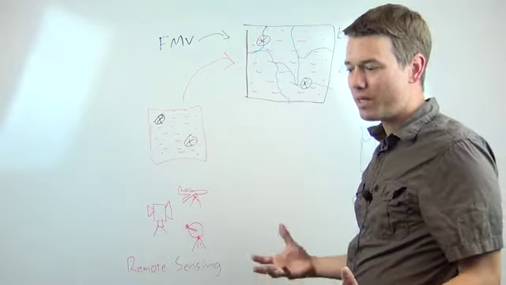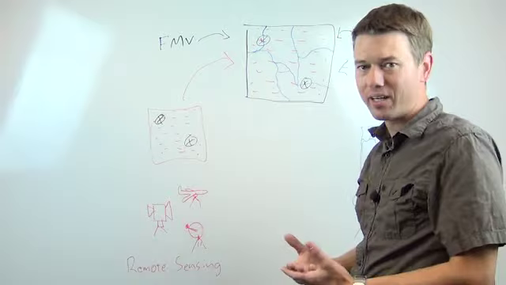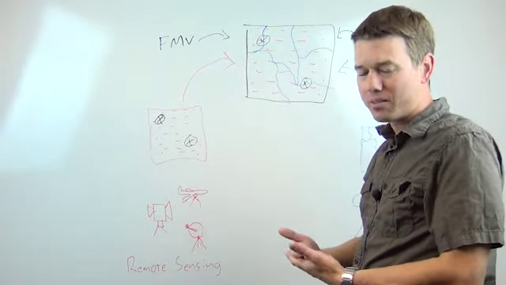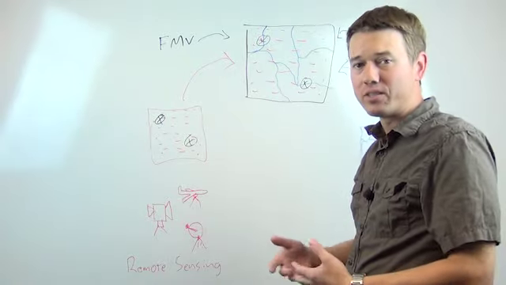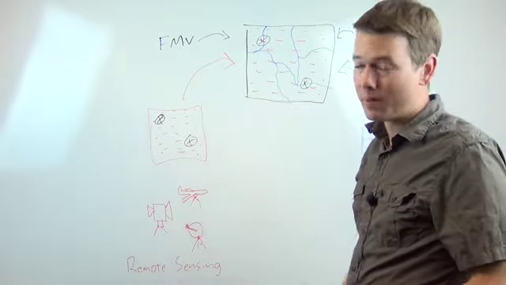So it's really a powerful way to bring these two sciences together and use them in concert to be able to answer questions better than we might have been able to before.